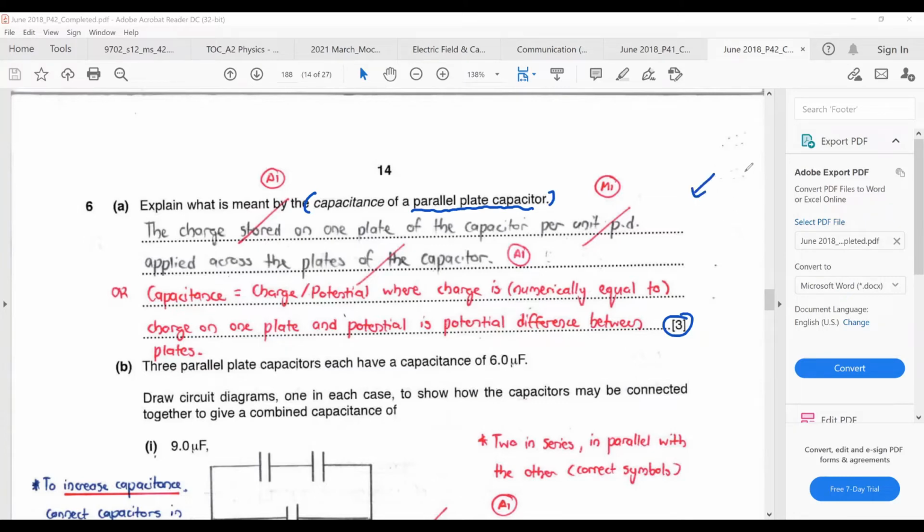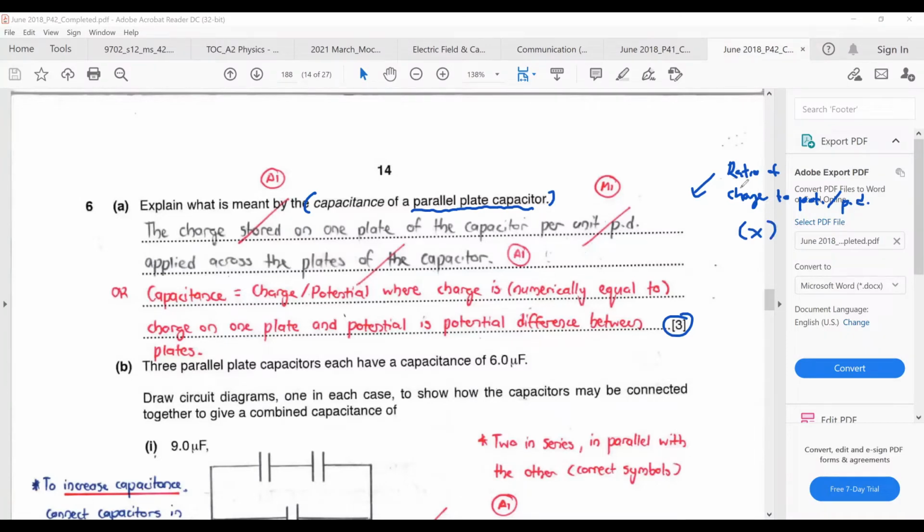If you have written capacitance as simply the ratio of charge to potential or PD, this one won't be accepted.